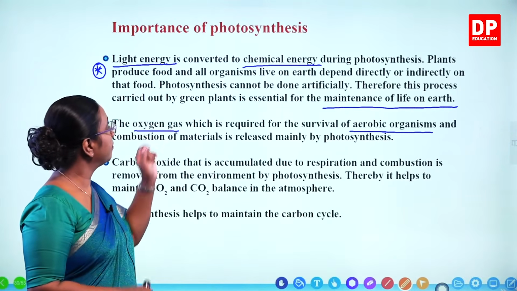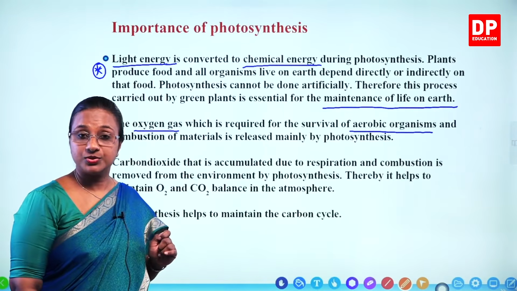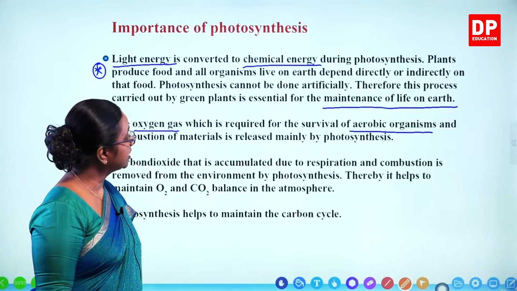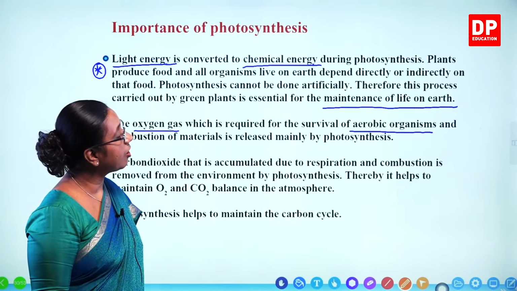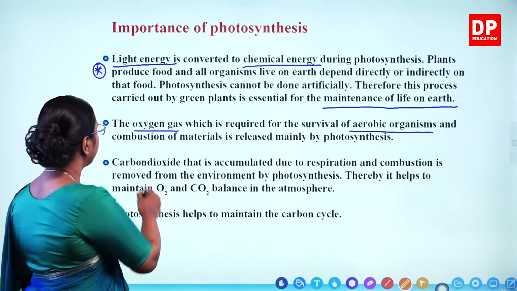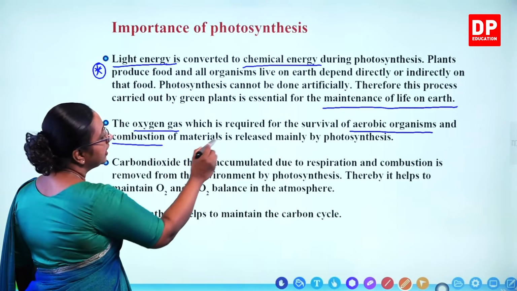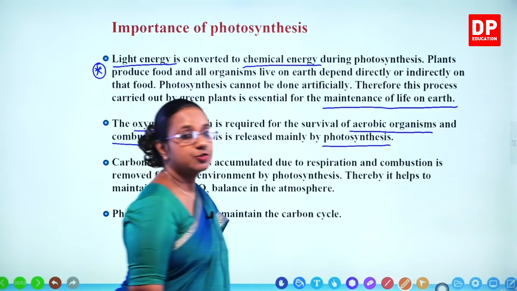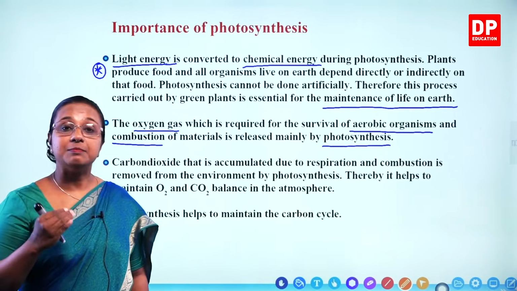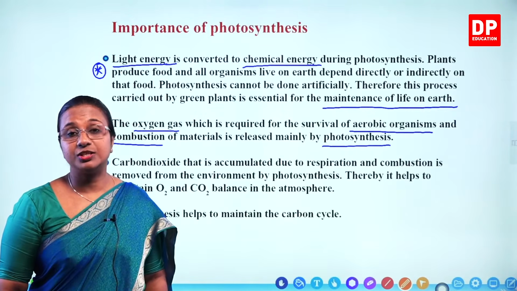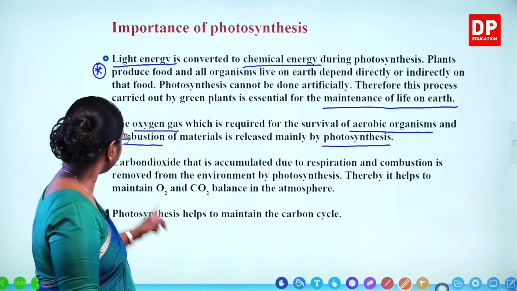So that is obtained from the photosynthesis process. The oxygen gas required for the survival of aerobic organisms and combustion of materials is released mainly by photosynthesis. So photosynthesis is the main process that releases oxygen to the atmosphere.